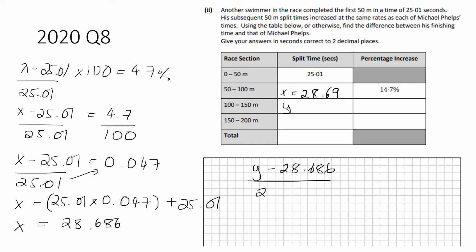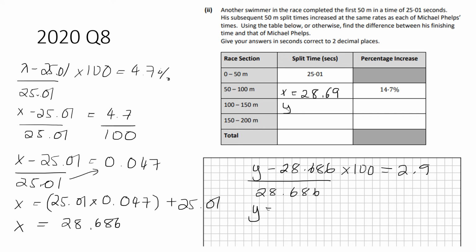Over 28.686 times 100 is equal to 2.9. I'm making it equal to 2.9% because that's the same as Michael Phelps. If you go back to his table, you'll see 14.7 and then 2.9. So that's why I'm making it equal to that.